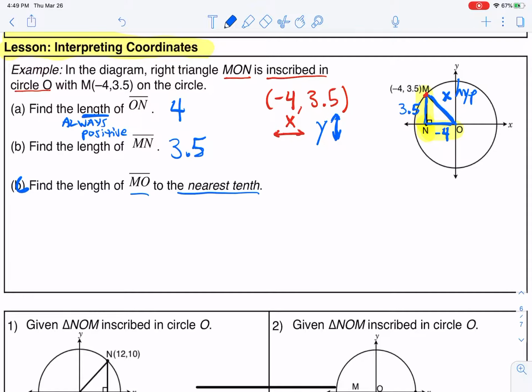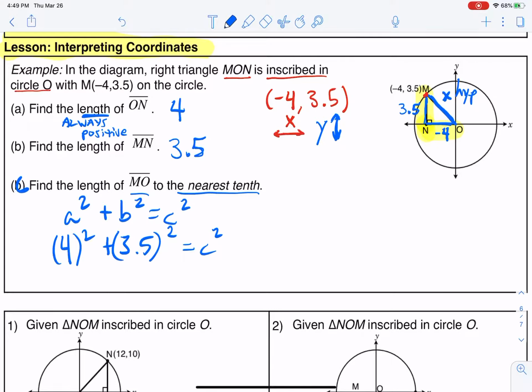And anytime we're asked to relate the three sides of a right triangle, our mind should automatically go to the Pythagorean theorem. a squared plus b squared equals c squared. And now I'm going to input the lengths of my triangle for a and b. Doesn't matter which. So 4 squared plus 3.5 squared equals c squared.